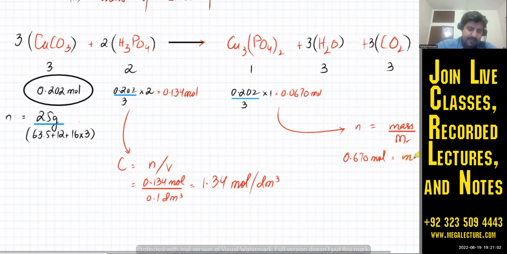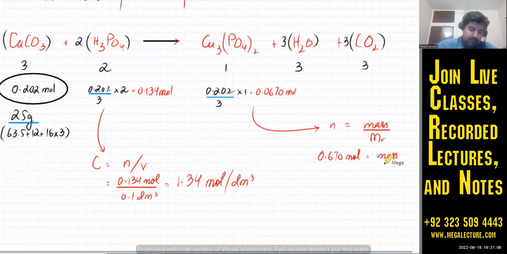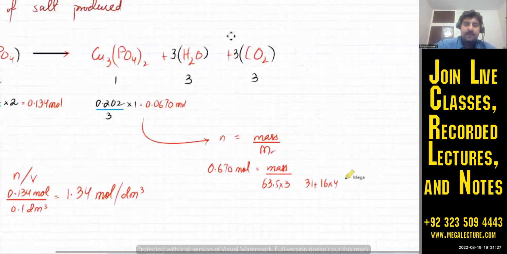You have to calculate the mass. The molar mass can be calculated. Copper in the periodic table is 63.5, and there's 3 of them. Then PO4: P is 31 in the periodic table, oxygen is 16 and there are 4 of them, so 16 times 4.